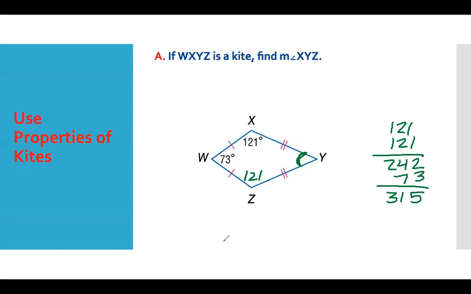It's going to give us 315. And then the sum of all the angles has to be 360. So 360 minus 315 gives us 45, right? So angle XYZ is 45 degrees. Questions?